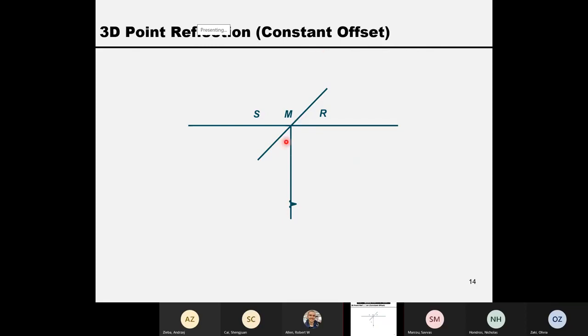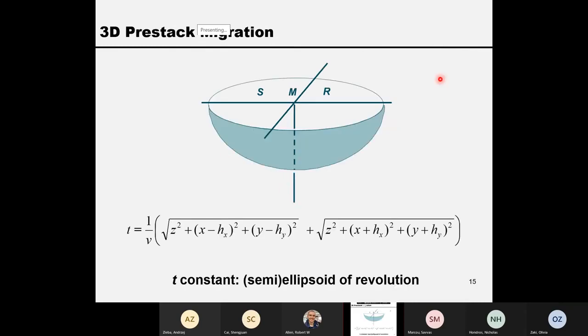So for the constant offset cube, you just take one sample and spread it everywhere, and you do all of them together based on linearity. We just simply stack them together, right? That's called superposition. So that's the principle of data processing.